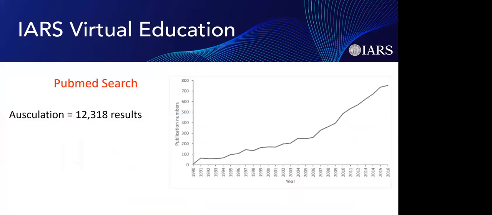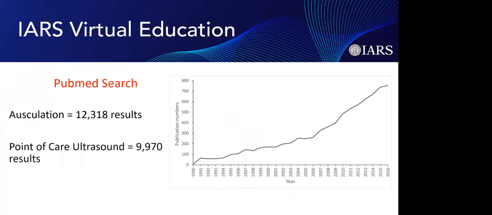The right graph depicts the increasing publication of POCUS, and you can see an exponential growth for the past 2 decades. When you do a PubMed search on auscultation, you'll have about 12,000 results, and auscultation has been around for many decades, as compared to point-of-care ultrasound, which is close to 10,000 results and has only been around for about 2 decades.